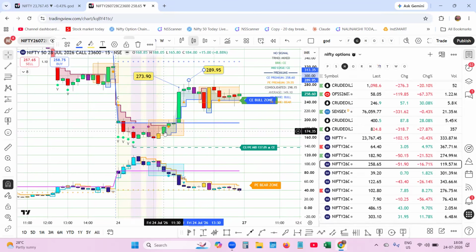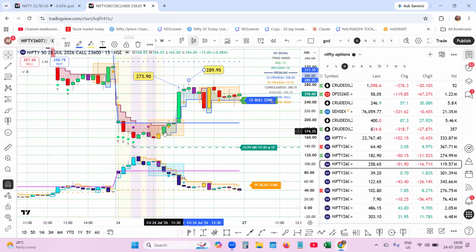When PE dominates, sellers are taking control. Instead of asking what Nifty is doing, ask yourself which premium is becoming stronger. That simple question changes everything.